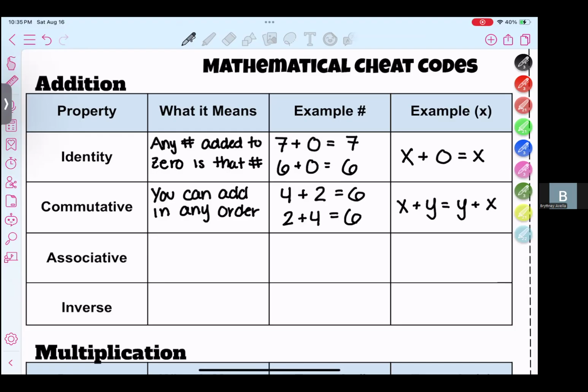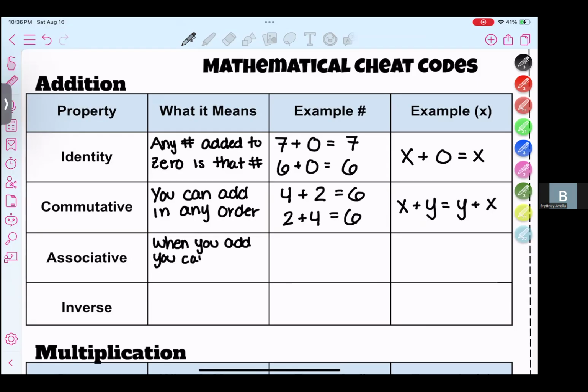The next one we're going to look at is the associative property, which is when you add, you can group the numbers in any combination. So this is when you're adding 3 or more numbers.